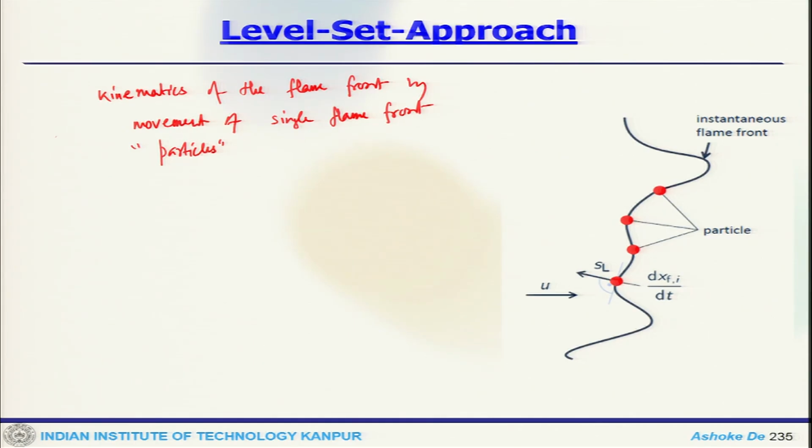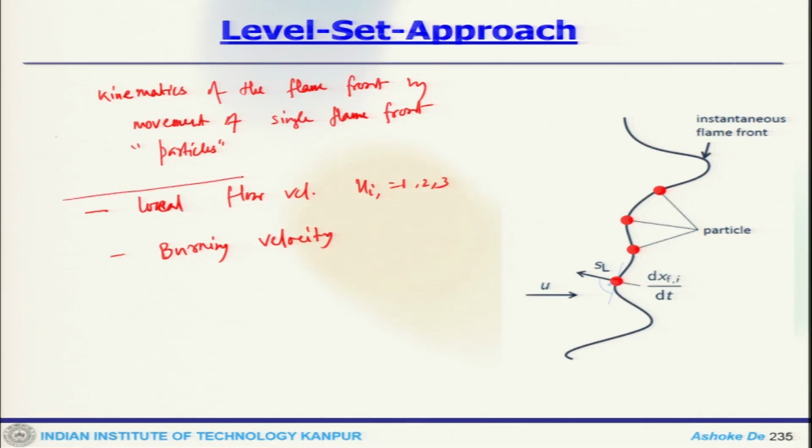These movements are influenced by the local flow velocity, which is ui, with i equals 1, 2, 3, and the burning velocity. In one instantaneous flame front you can assume so many particles, and using that you can study the kinematics.